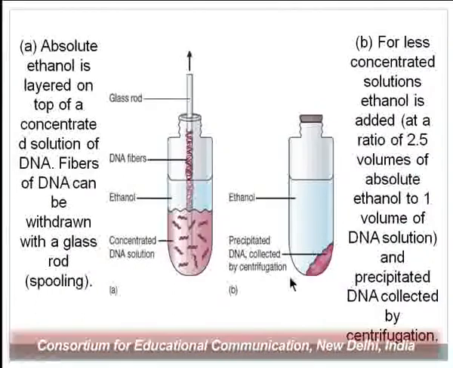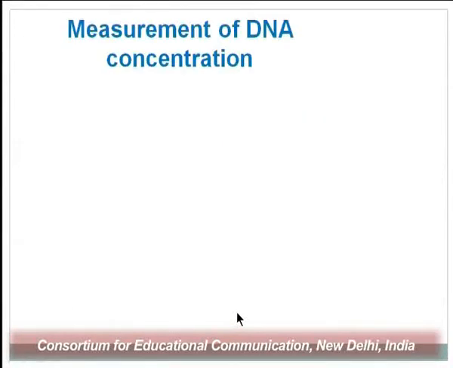Then we centrifuge it. When we spin it, the precipitated DNA pellets out. We discard the ethanol, air dry the pellet, and suspend it in the required volume to get a concentrated sample of the purified DNA. So this is the fourth stage of isolation of total DNA, which is the concentration step.